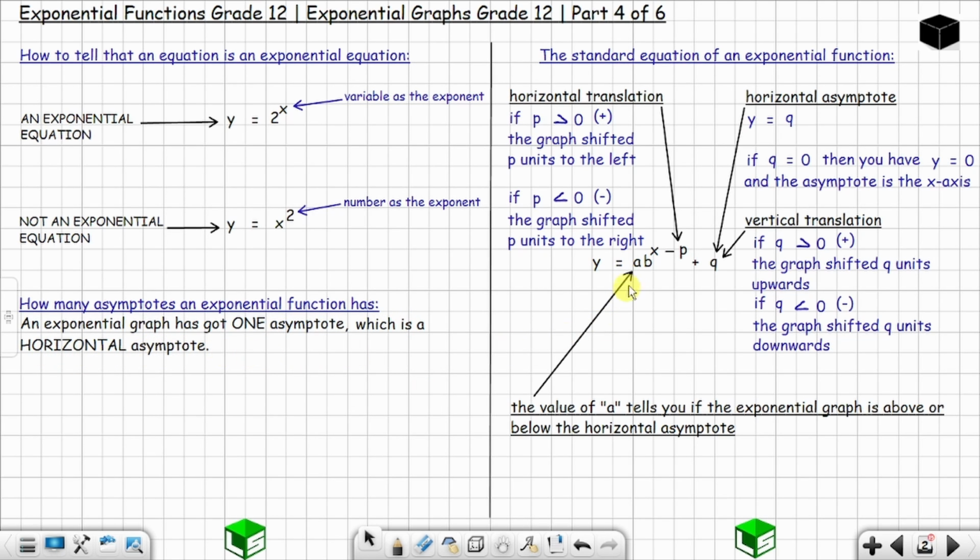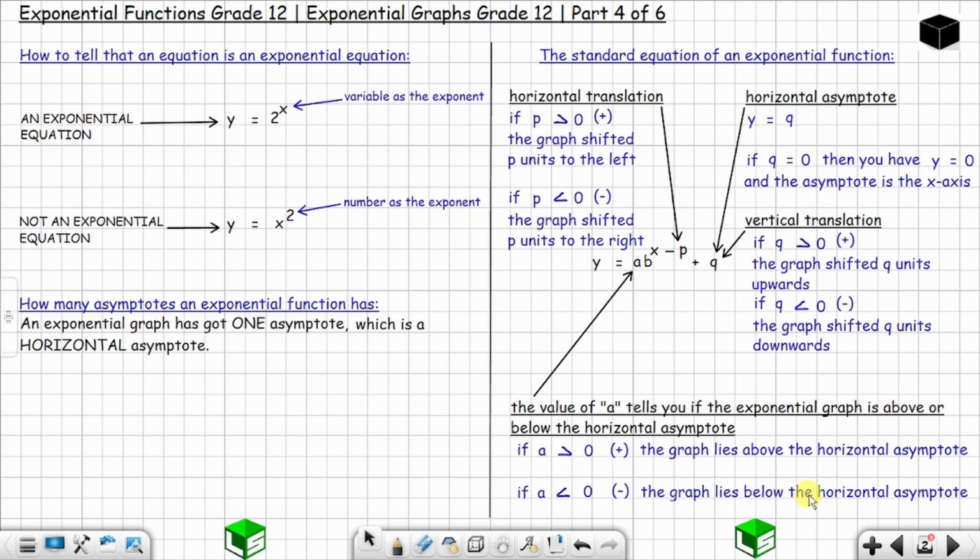So if A is greater than 0, that means A is positive, then the graph lies above the horizontal asymptote. If A is less than 0, that means A is negative, the graph lies below the horizontal asymptote.